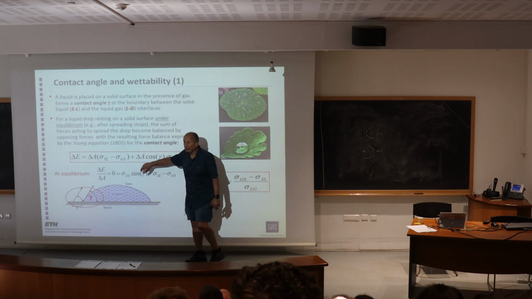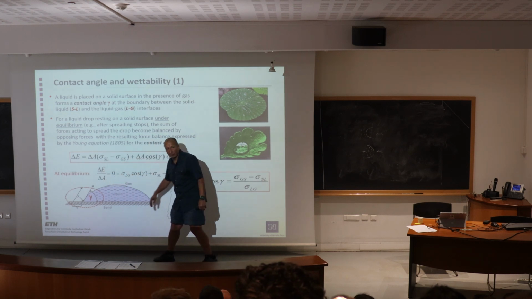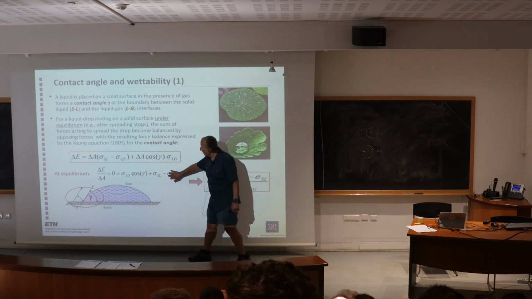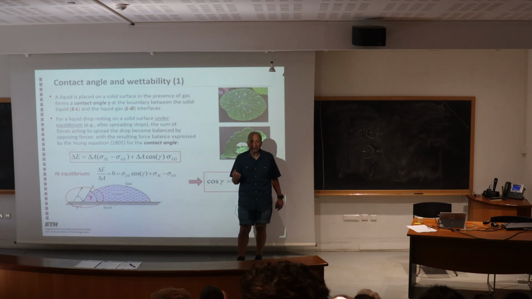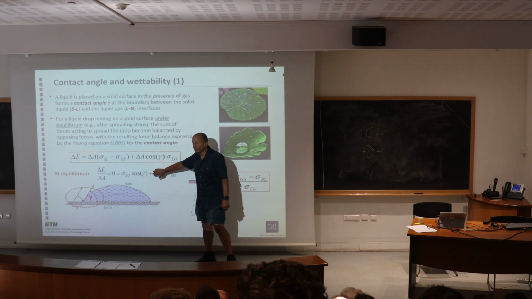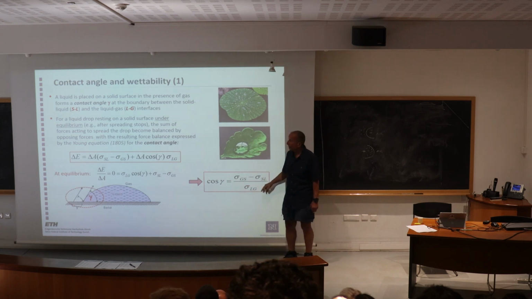And so at some point, we have, if you want, the partial derivative of the energetics reaches a maximum, or the derivative is zero. And we have this relationship that includes the energetics of these surfaces and something we call the contact angle. Rearranging this, you end up with this famous equation by Young.